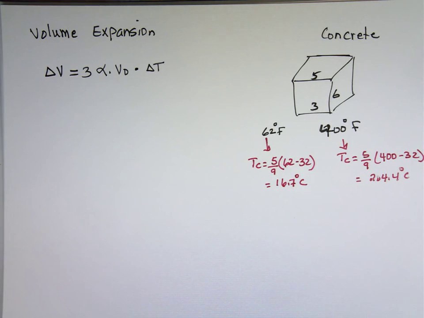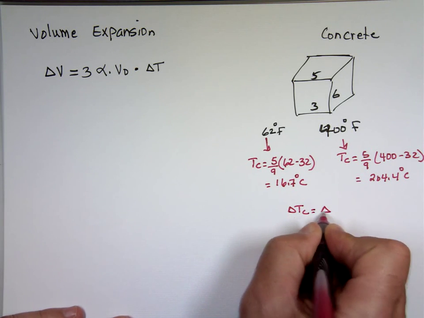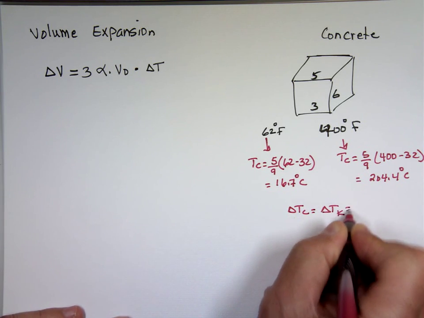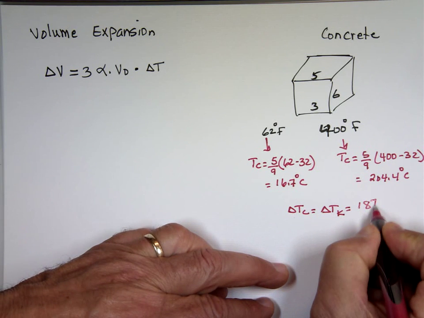So the change in temperature in Celsius, which happens to be the same as the change in Kelvin, is going to be 204.4 minus 16.7, which is 187.7.